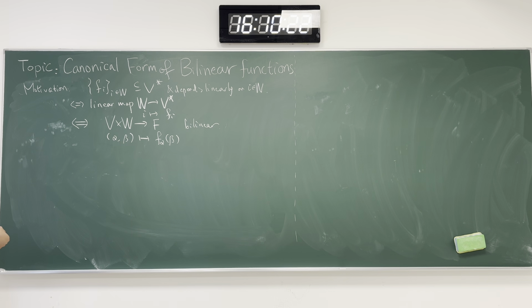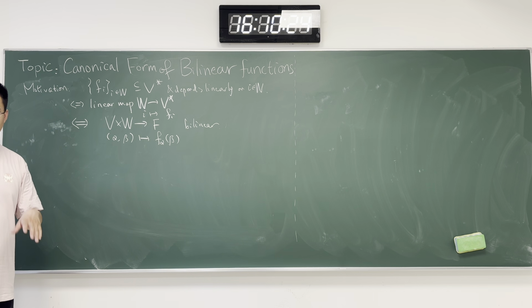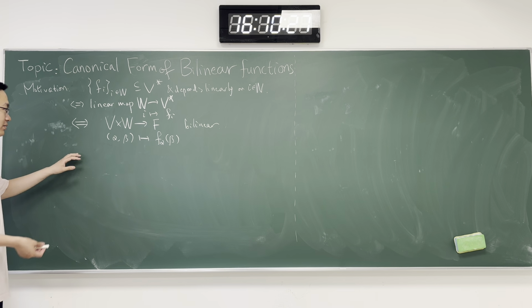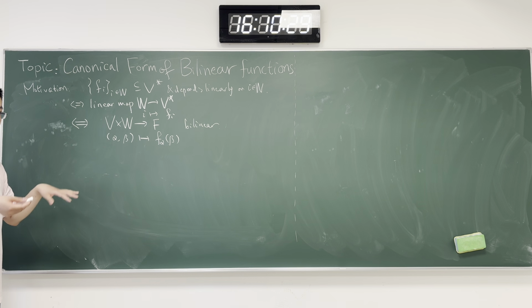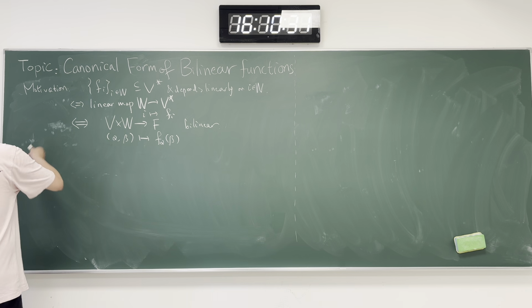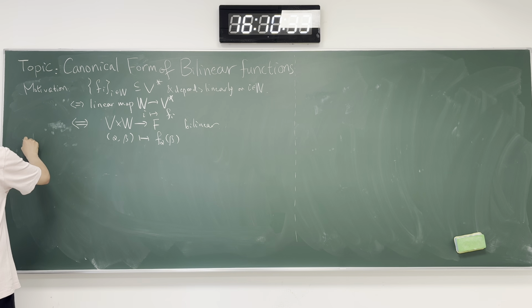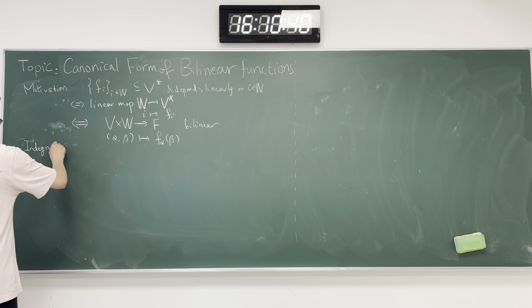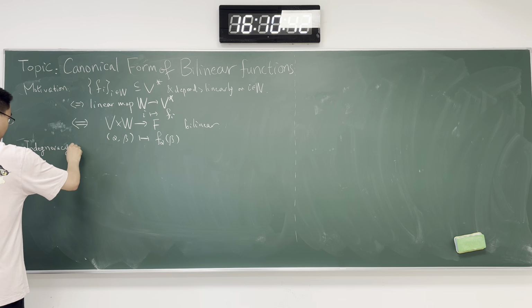One important thing, maybe the most important thing about bilinear things, is the following: degeneracy or non-degeneracy of a bilinear form.